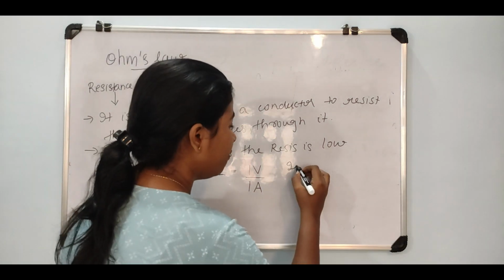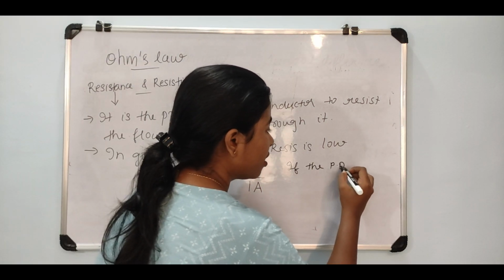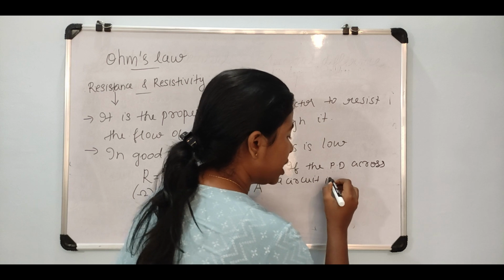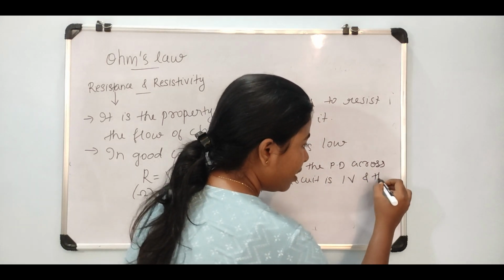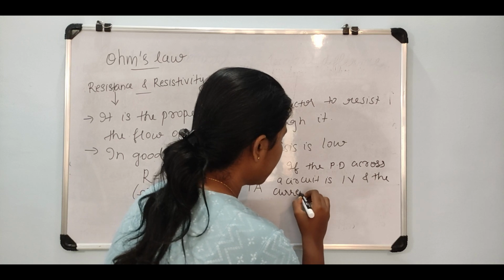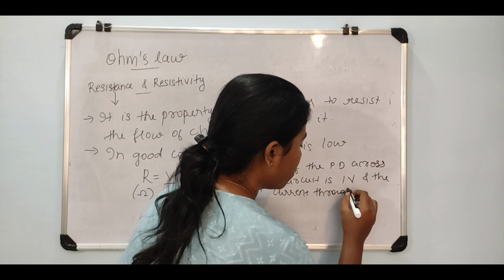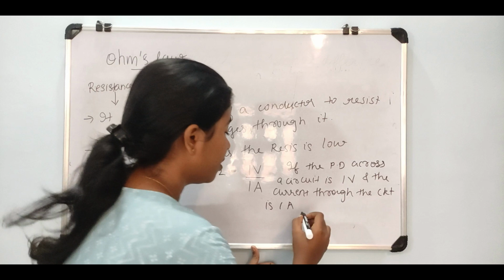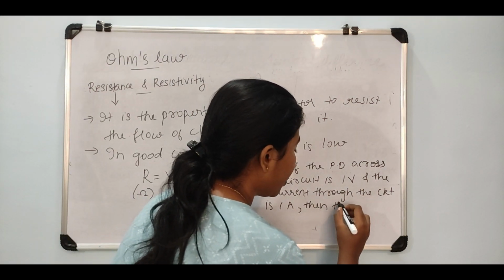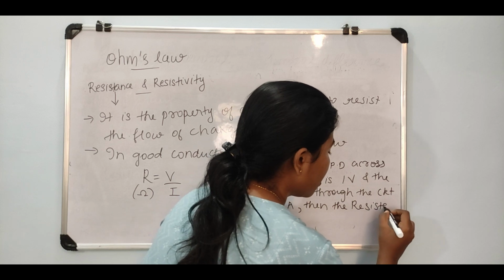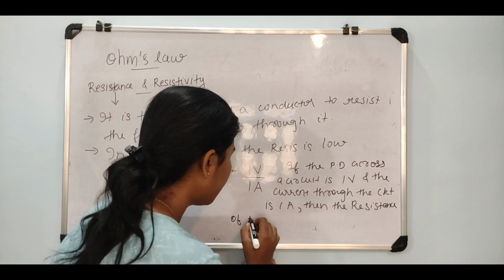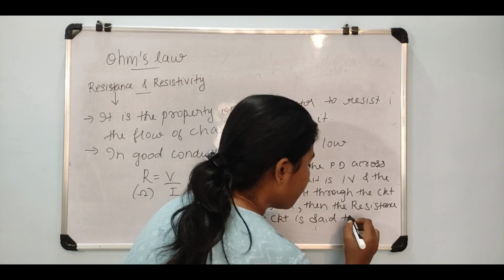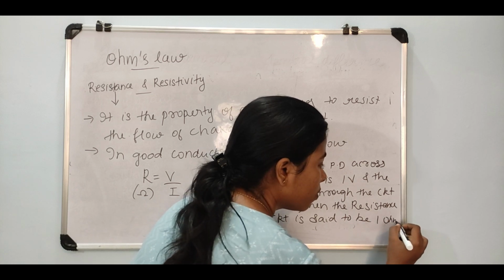Okay. If the potential difference across a circuit is 1 volt and the current through the circuit is 1 ampere, then the resistance of that circuit is said to be 1 ohm.